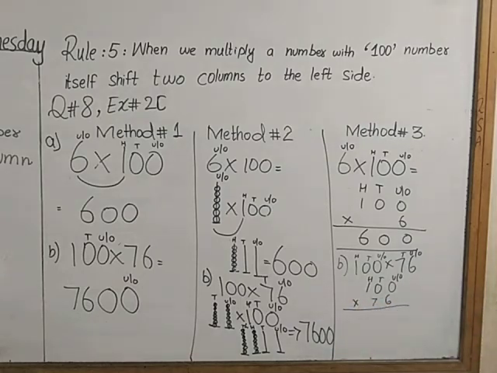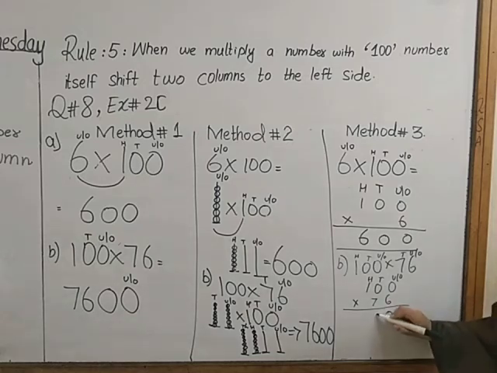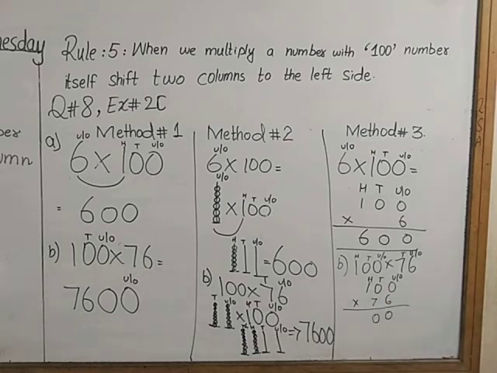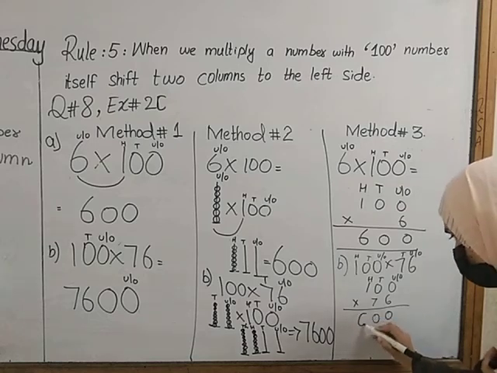Arshaman, you tell me. 0. Good. Abdul Basit, you tell me, when we multiply a number with 0, our answer is always 0. Good. Arsalan, you tell me, 6 multiplied by 1 is equal to? 6 multiplied by 1 is equal to 6.